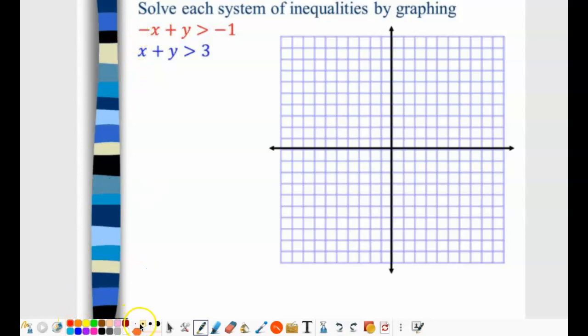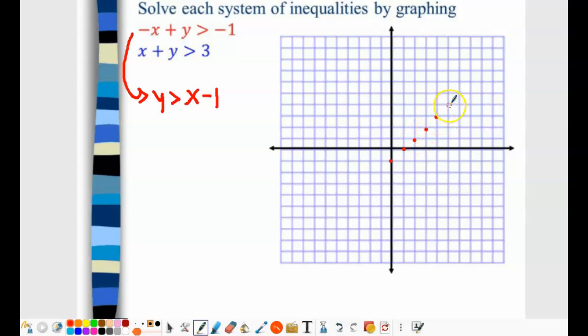So in the red equation, all I have to do is add x to the other side. So you have y greater than a positive x minus 1, making my y-intercept negative 1. My slope is positive 1.